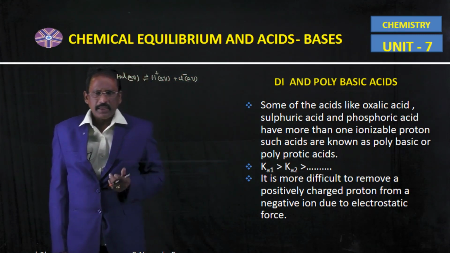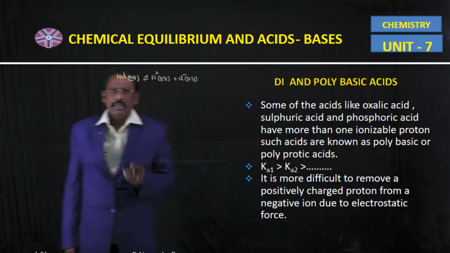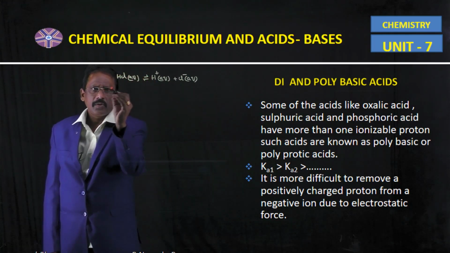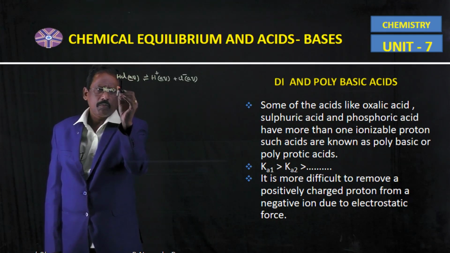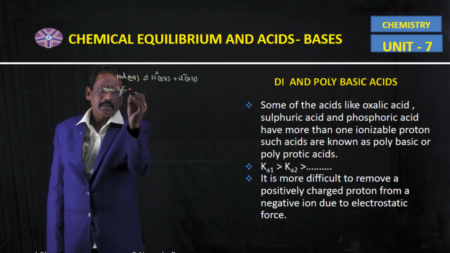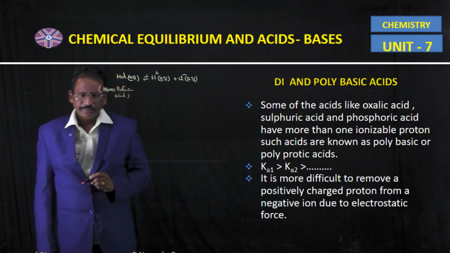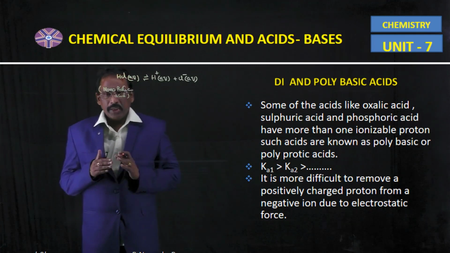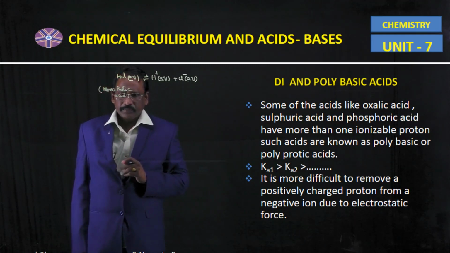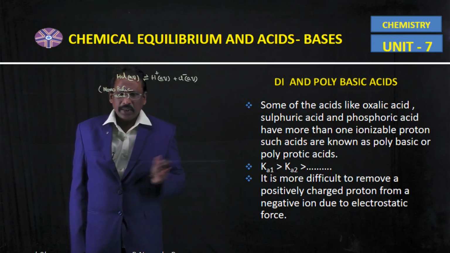There is no further dissociation because it is a monoprotic acid. It has only a Ka value, but not Ka2, Ka3 like that.